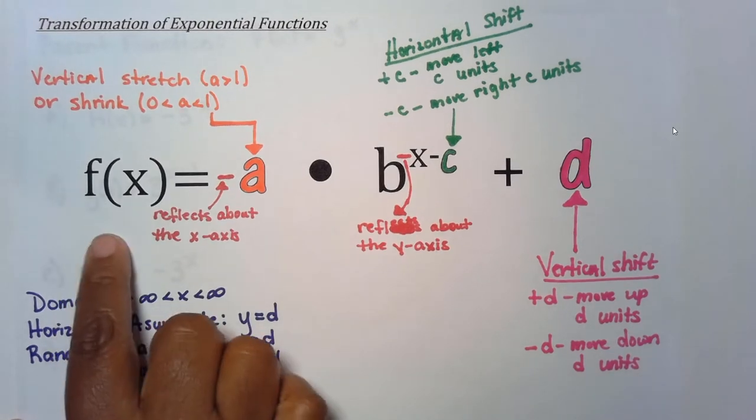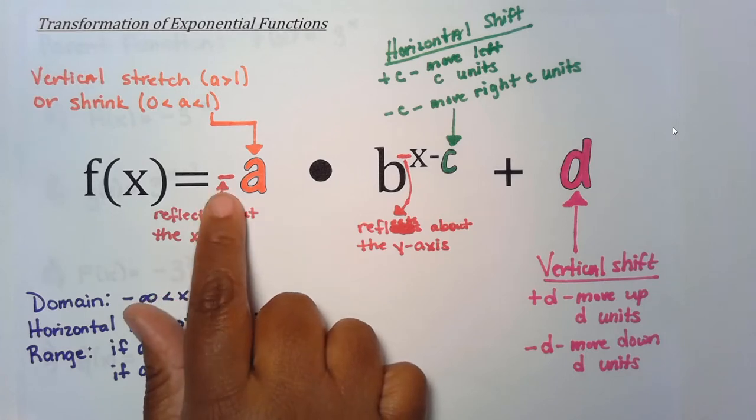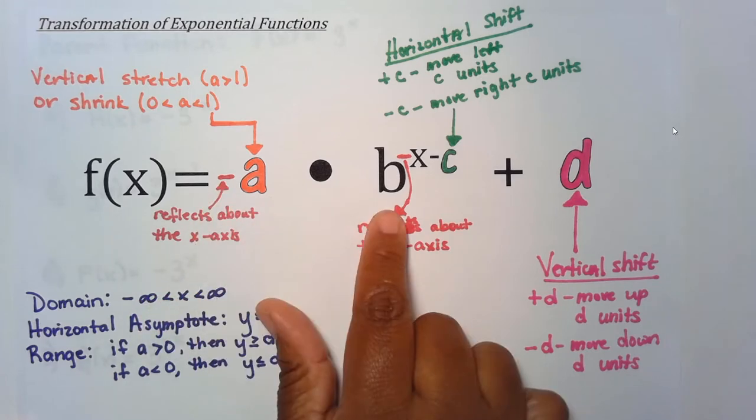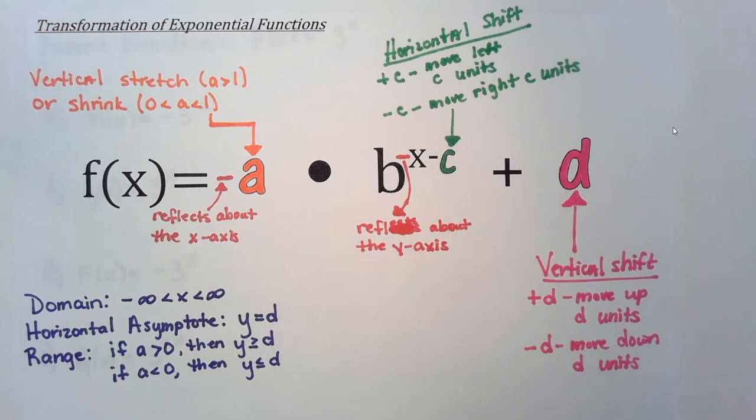We have f of x is equal to negative a, or if there's a negative, we'll talk about that, a times b raised to the x minus c. And what happens if there's a negative in front of the x? Let me finish this off, plus d. This is the equation.